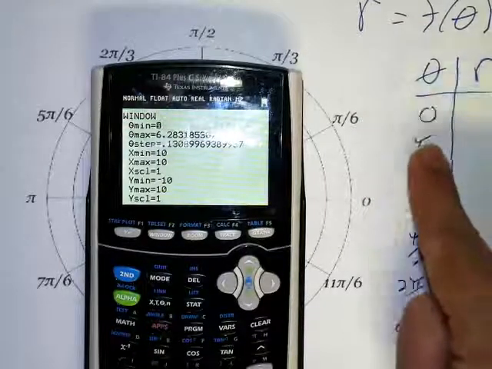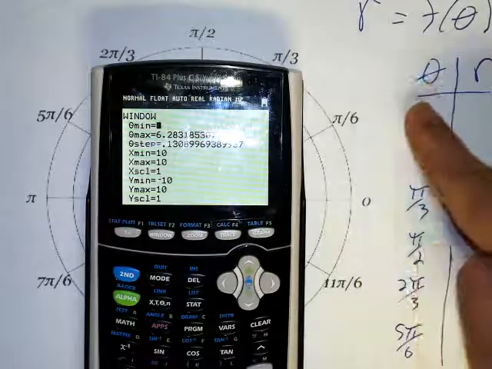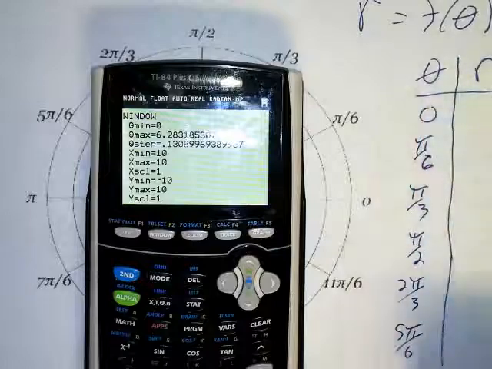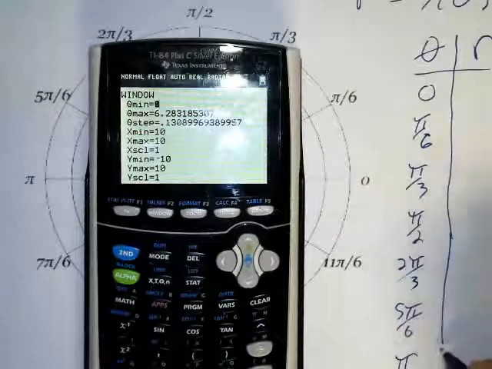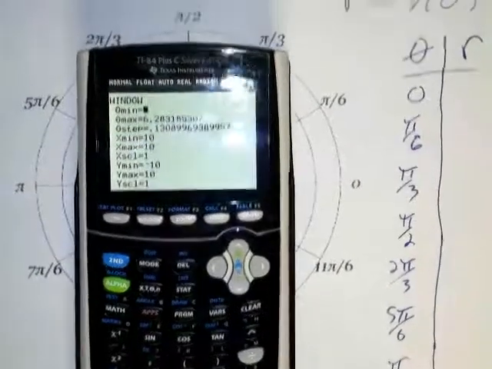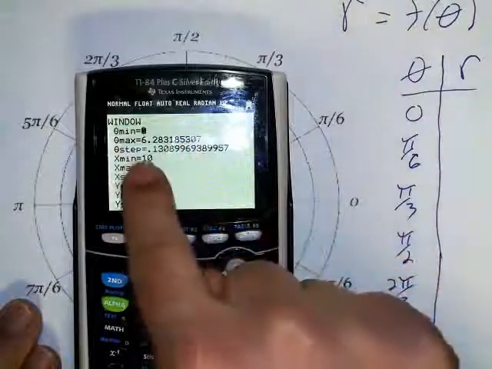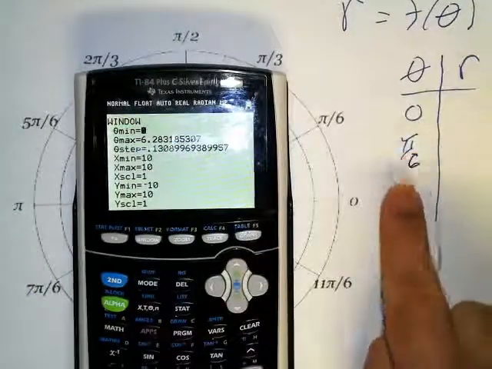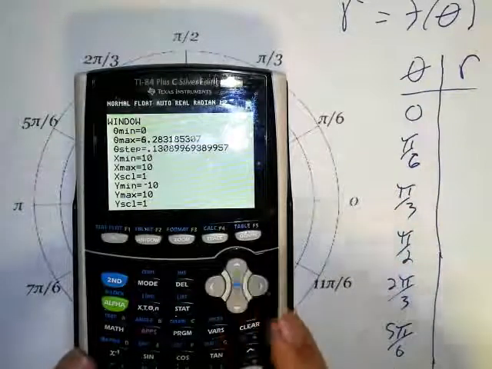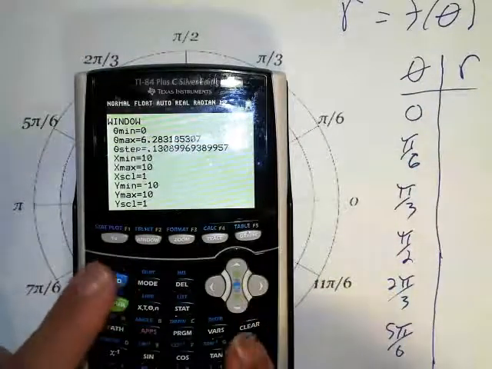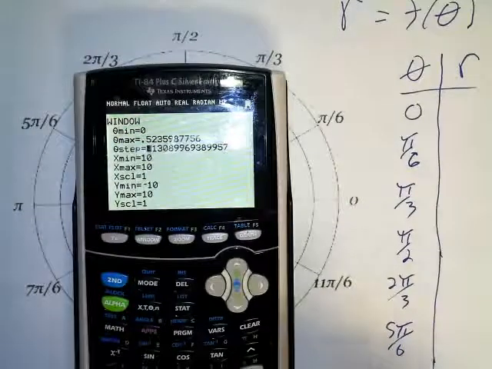You could go from 0 to pi, or 0 to 2 pi. The default, I think, is 0 to 2 pi, and that's what it's set at now. The step is how big it is. It's going to evaluate it, like if I did it for every pi over 6, pi divided by 6, it would look like my, sorry.